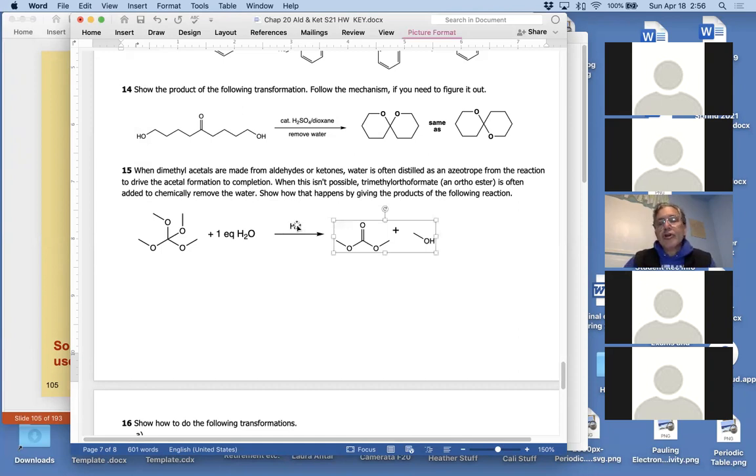Well, no, you can use water catalytically if you figure out a way. This would protonate, it would lose methanol, the water would come in, you'd move the proton, and then methanol would come out again. So I have to change this to 2 methanols.